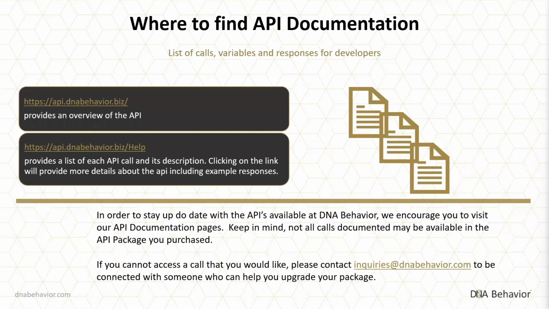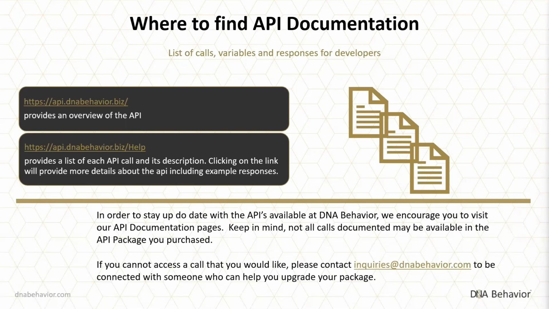So you can also find information on the APIs themselves on our website, api.dnabehavior.biz. That's going to provide an overview of the API itself. And then if you click on that site and click help, or click for more details, you'll go to api.dnabehavior.biz/help, which is going to provide a list of each of the calls and its description.